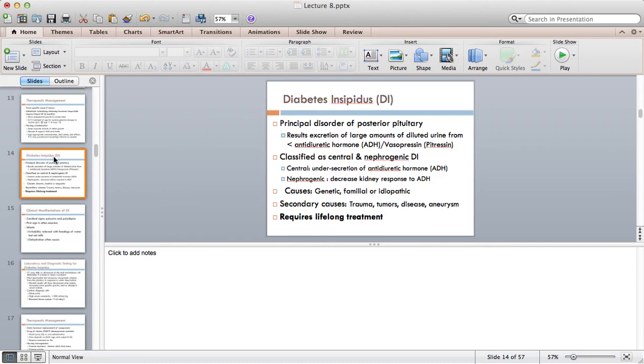Once the pituitary gland is taken out completely, there is a need to give artificial growth hormone until the pituitary plate closes.